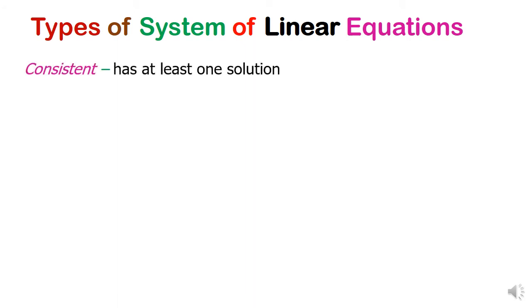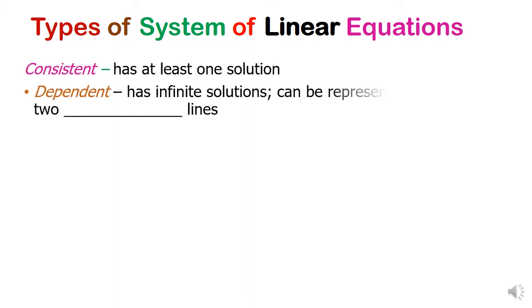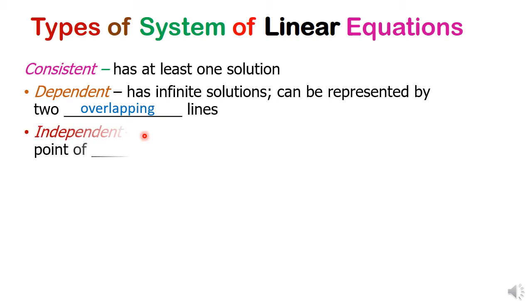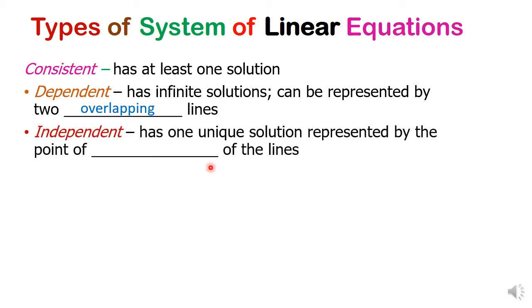So again, types of system of linear equations. For consistent, we have at least one solution, classified as dependent, has infinite solutions and can be represented by two blank lines. What should fill in the blank? That should be overlapping lines. Pag independent, this has one unique solution represented by the point of blank of the lines. So what should fill in the blank?